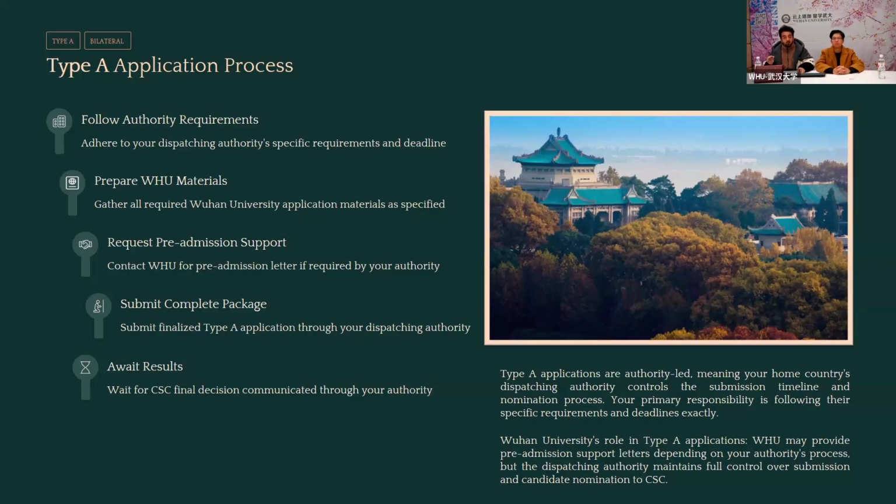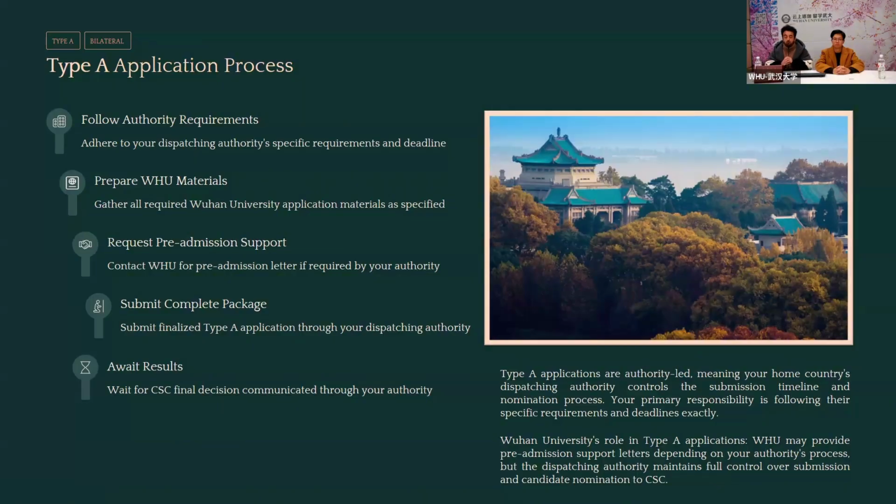Submit the finalized Type A application through your dispatching authority, and the next step is you have to wait for the results. Type A application means your home country's dispatching authority controls the submission timeline and nomination process. So if you're applying through Type A, the dispatching authority in your country is controlling everything.